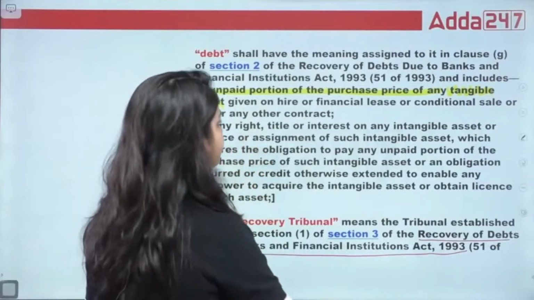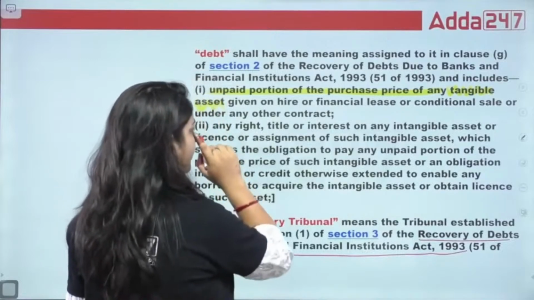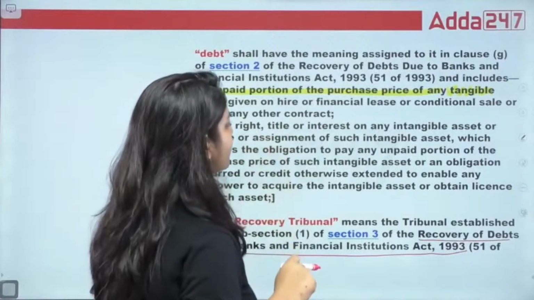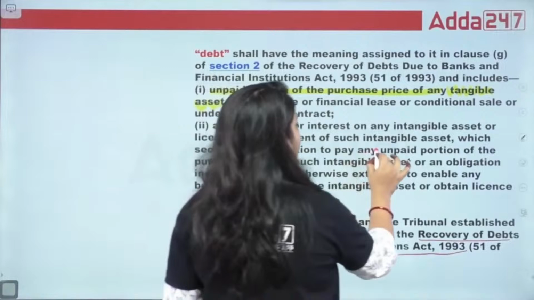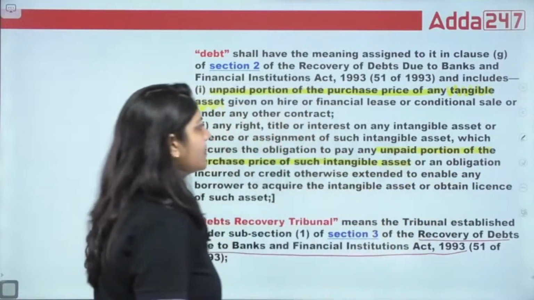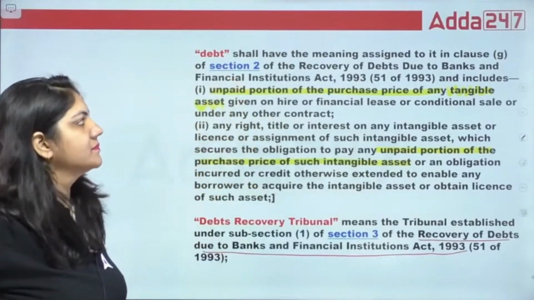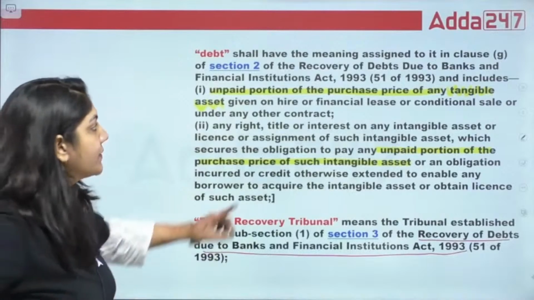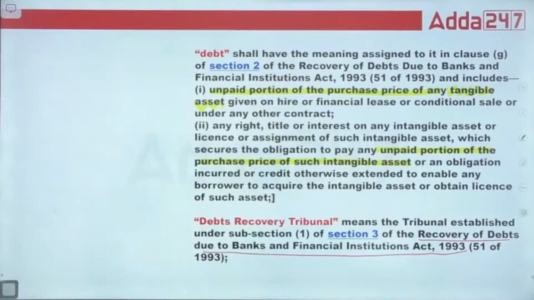Or any right, title, interest in any intangible asset which secures the obligation to pay the unpaid portion of purchase price of intangible asset. If these things happen, this is called debt. And the debt definition is also given, guys, under the DRT Act. This is very, very important, guys.